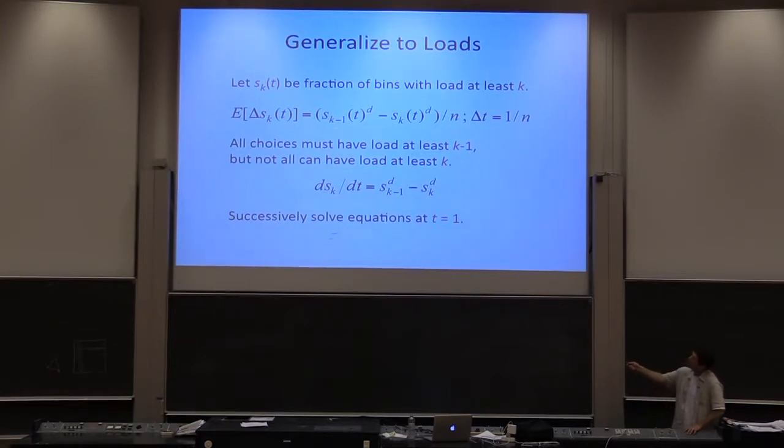And that's given exactly by this expression. All my bins should have load at least k minus 1, but they shouldn't all have load at least k. So this pleasant form is what justifies looking at the tails. And so now I have a family of differential equations, ds_k/dt equals s_(k-1) to the d minus s_k to the d.